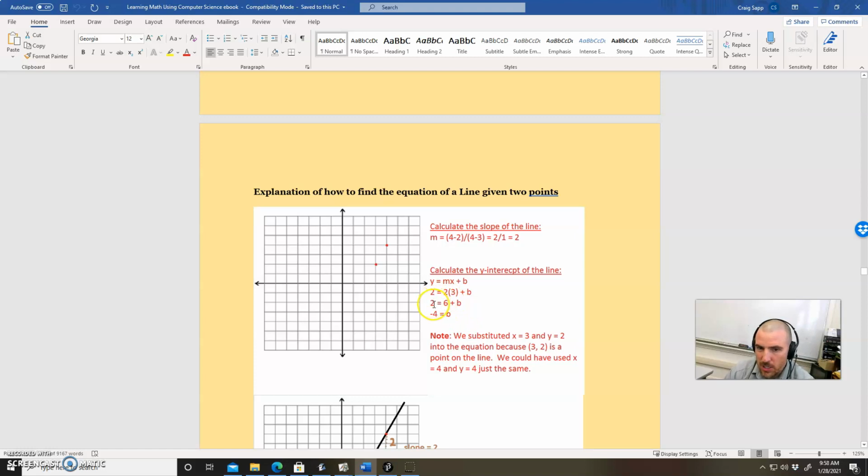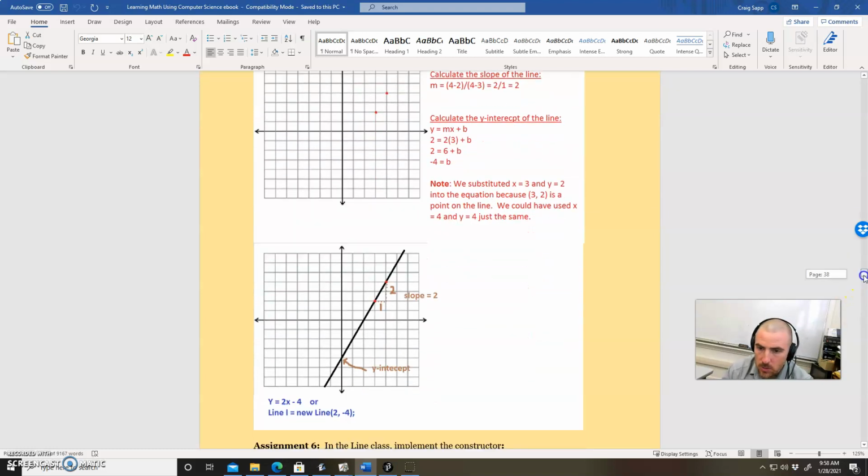So essentially it is the y coordinate, and then we subtract the slope times the x coordinate. So y minus mx is equal to b, right? Because y equals mx plus b. And we can use either of the two points for x and y.